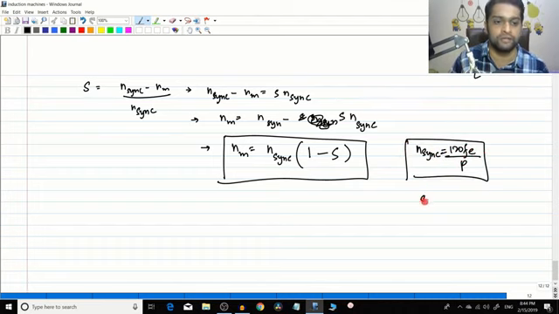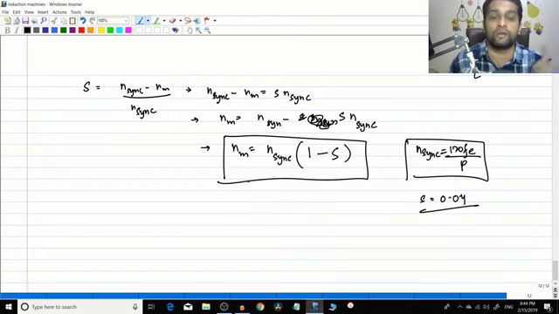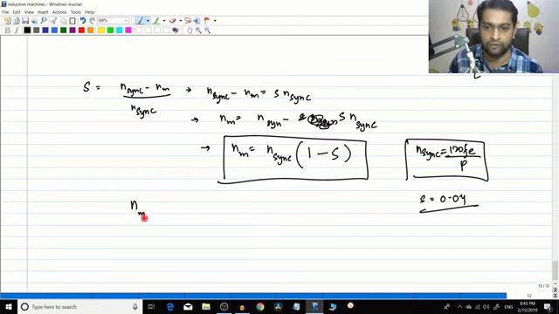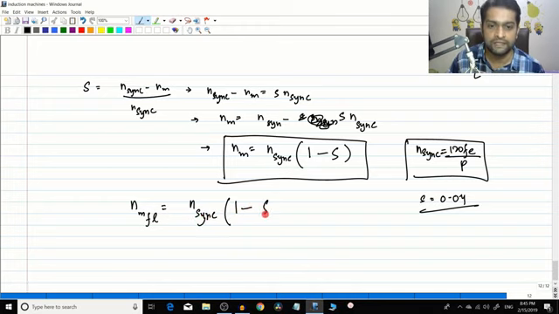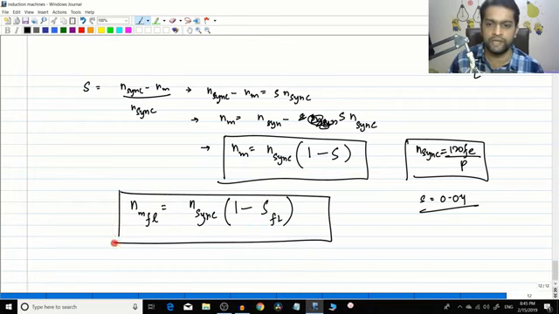So if the slip is 0.04, you can use these values and calculate the rotor speed at that slip. For example, to find Nm at full load, it will be N sync into 1 minus the slip at the full load condition. We'll do some numericals in future videos so that we can understand the concept.